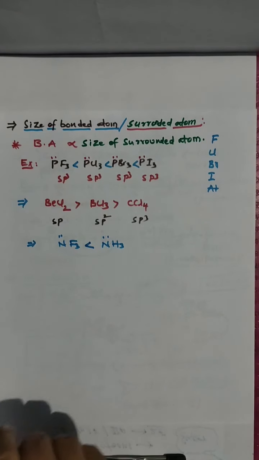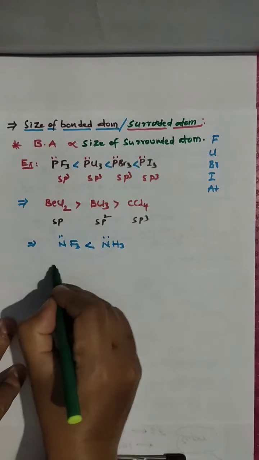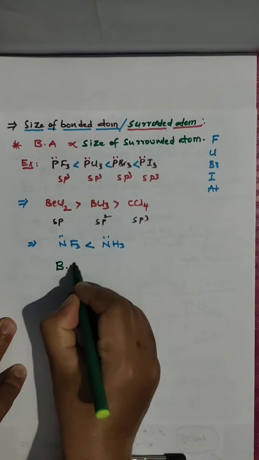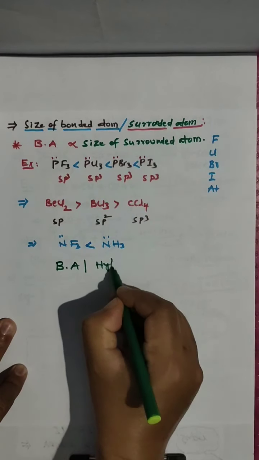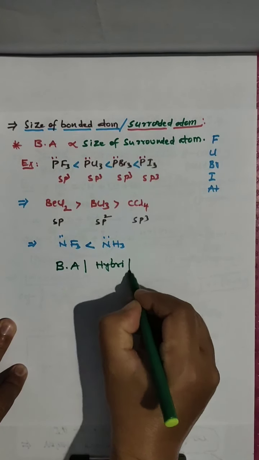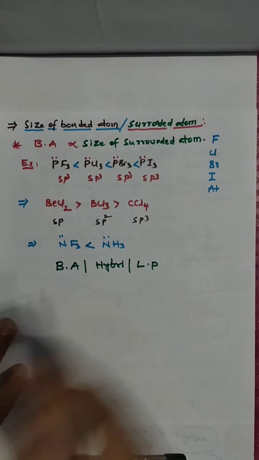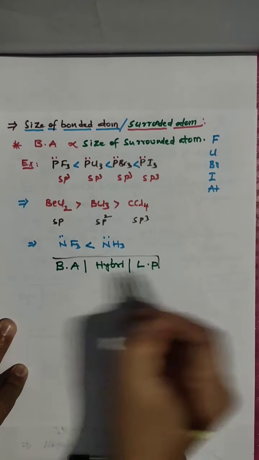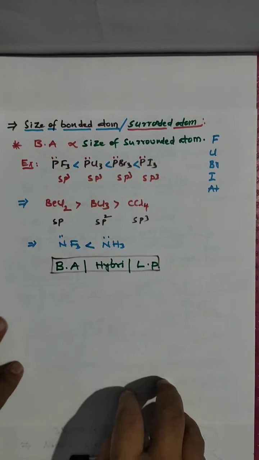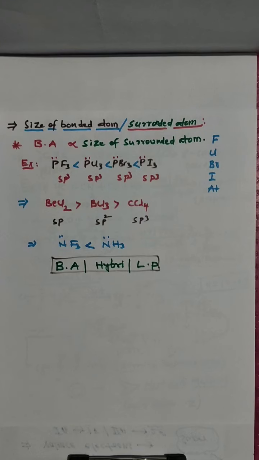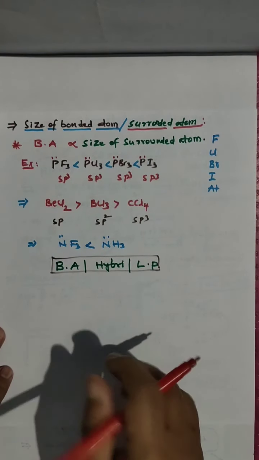So here we learn bond angle, and along with it how to calculate hybridization and how to calculate the number of lone pairs. That's why we call this trick one shot, three birds. Still you have any doubts? Put your problem in the comment box.